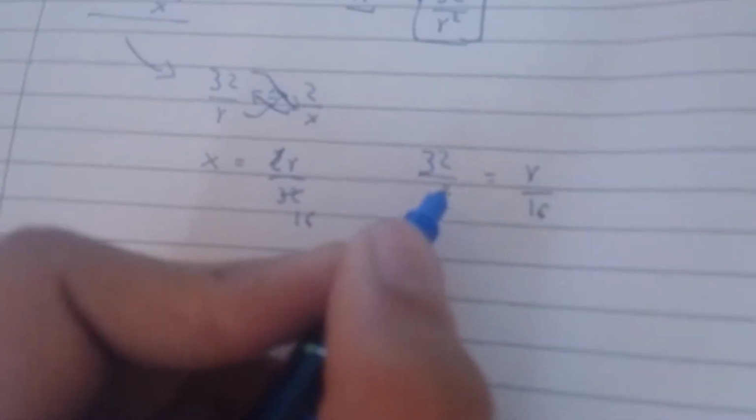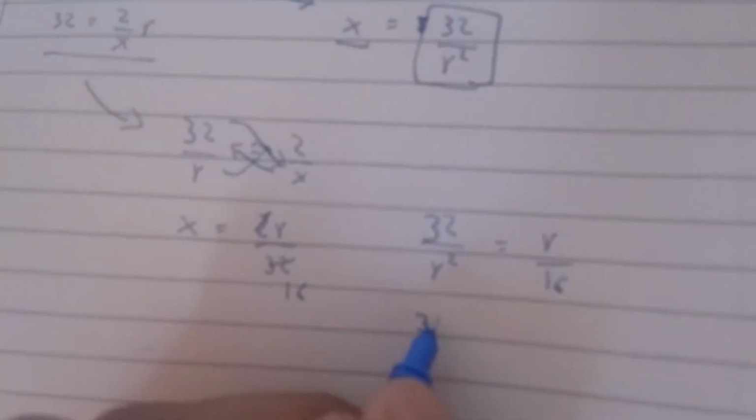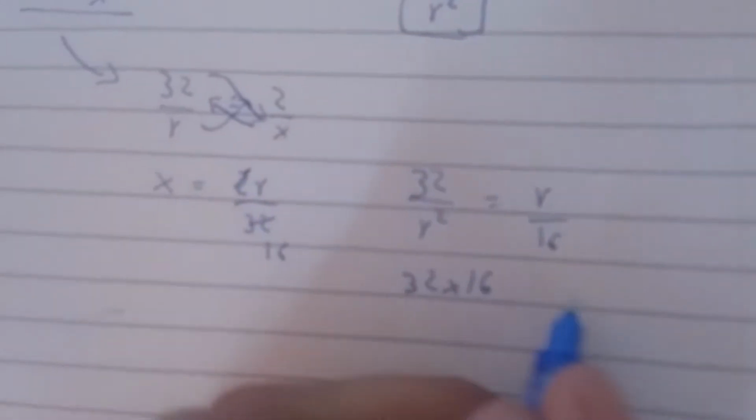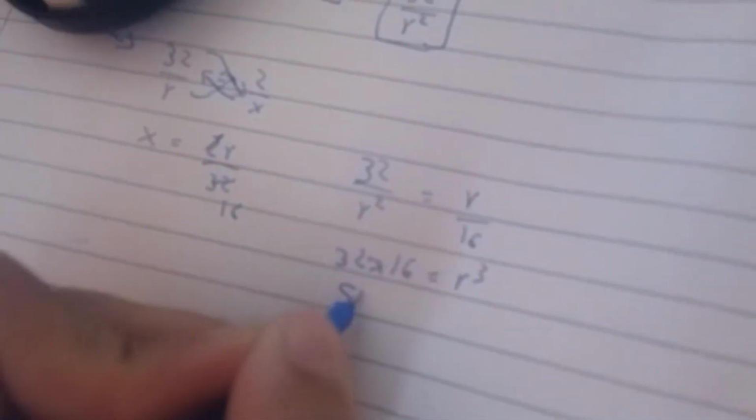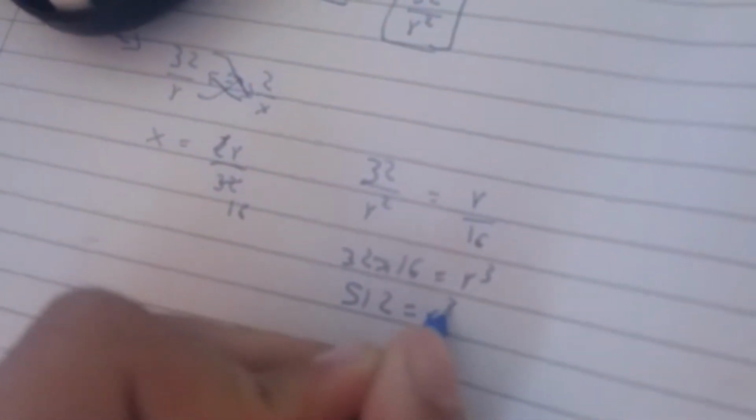Now if you put 16 to this side, r squared to this side, it will be 32 times 16 is equal to r cubed. And now let's use a calculator, GDC, for this. So 32 times 16 is equal to 512, and so 512 is equal to r cubed.